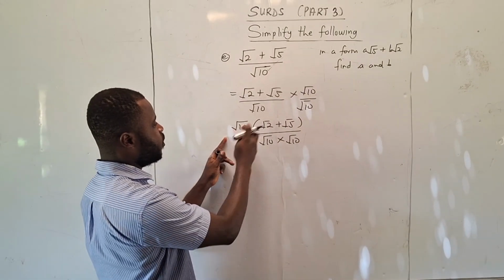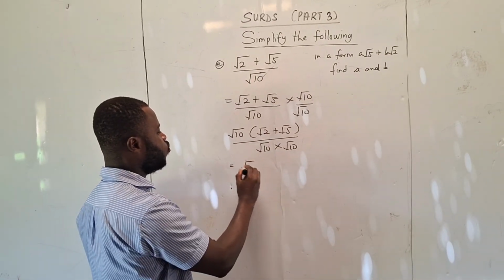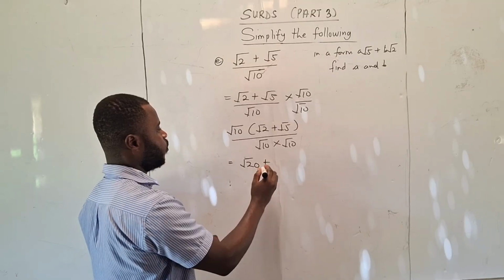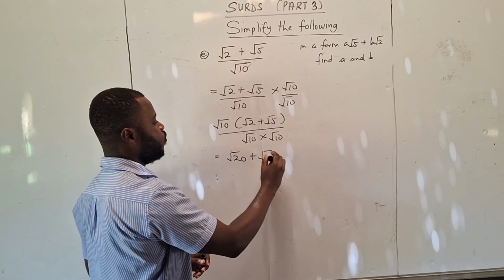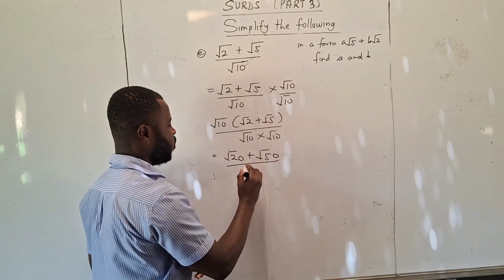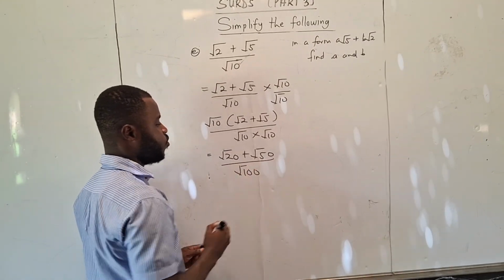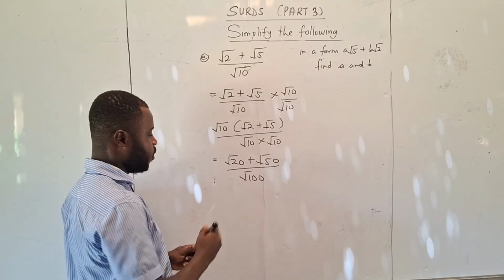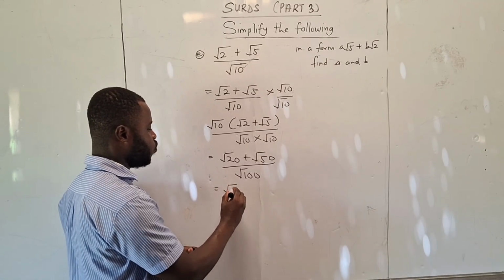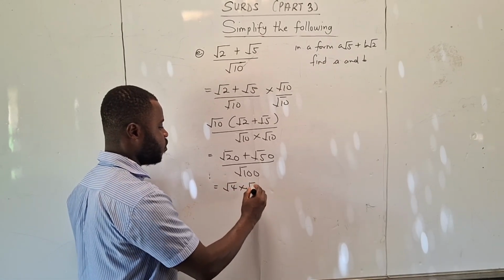Now root 10 times root 2 will give you root 20. Then root 10 times root 5 will give us root 50 all over root 100. Now we have to break down this root 20. When you break down this root 20, you get root 4 times root 5.